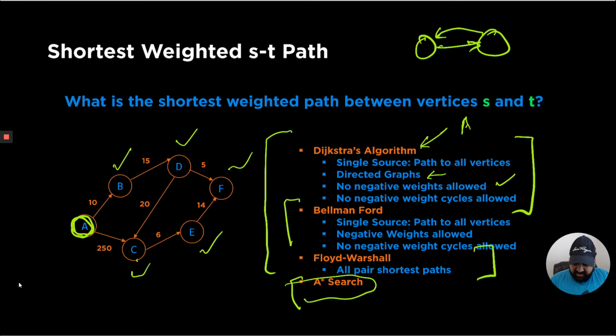Now, no negative weights are allowed, which means if this has a -5, Dijkstra's algorithm will not work, and no negative cycles are allowed. It's mathematically impossible because, let's say we have these two nodes in a simple graph with -1 and -2.